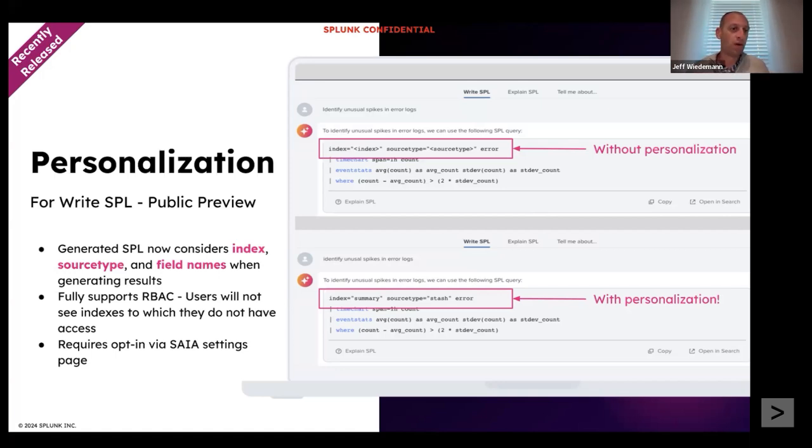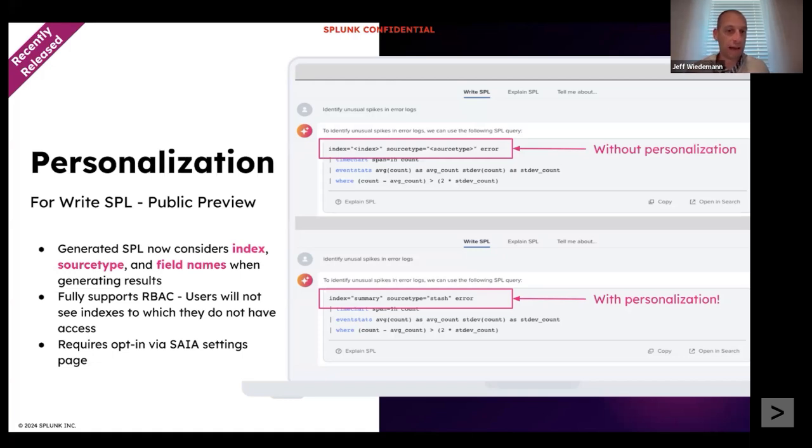A lot of times customers will ask us, what's the difference between using ChatGPT versus the AI assistant for SPL? There are certain things that give our AI assistant an edge over a public LLM like ChatGPT, and personalization is a really good example of this. What we're now doing is collecting the index names, source type names, and field names in your environment, and we're using that information during the SPL generation in order to provide a more accurate response.